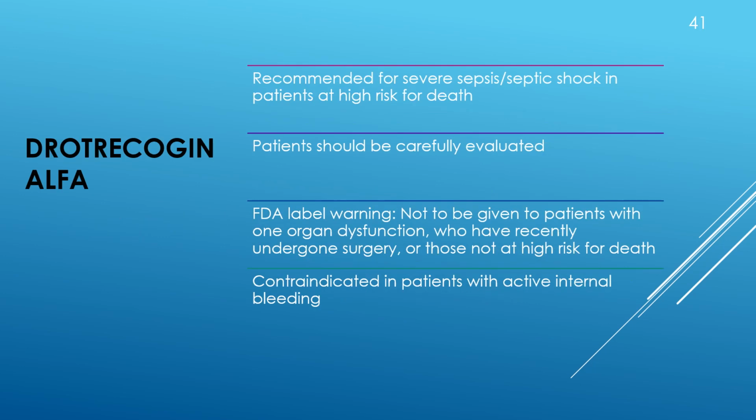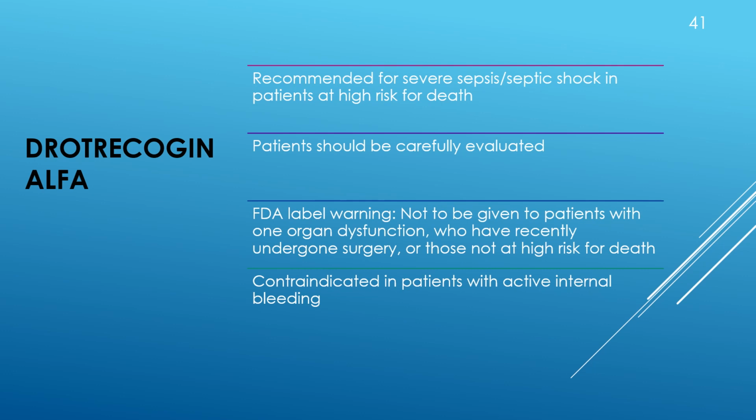The medication that I mentioned is good for severe sepsis and septic shock and those who are at a high risk of dying. The patients who you give this medication have to be selected carefully. You can't just give this to every patient who's septic, but if someone is in severe sepsis and there's a high risk of them dying, this is a good choice.